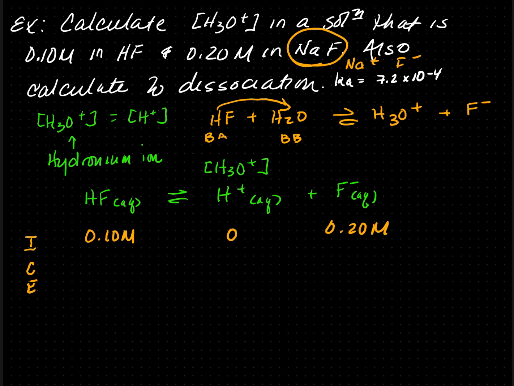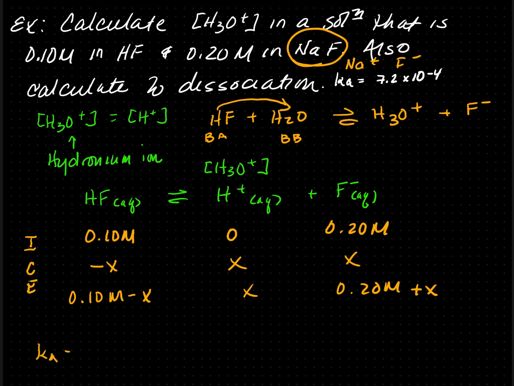Since the equation is 1 to 1 to 1, my change is going to be minus X for the reactant. Products are going to be plus X, plus X. My equilibrium, I add the initial and change, so this is going to be 0.10 molar minus X, X, 0.20 molar plus X. Now I'm going to write my equilibrium equation.